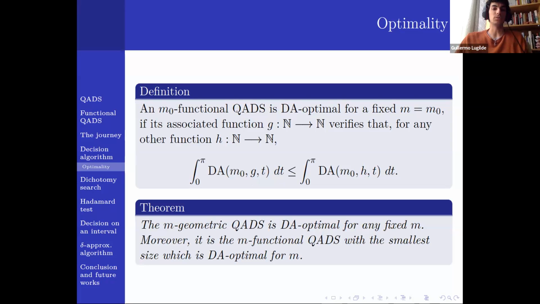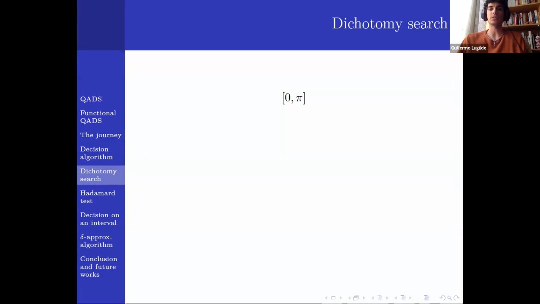So we are ready to take a look at the first 2 phase estimation methods. The dichotomy search assumes that beta belongs to the interval 0 pi, and we run the decision algorithm multiple times for alpha equals 0 and alpha equals pi in order to estimate the value of the DA formula by taking the proportion of positive outcomes.